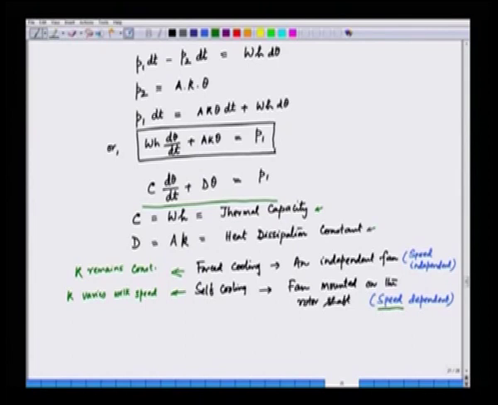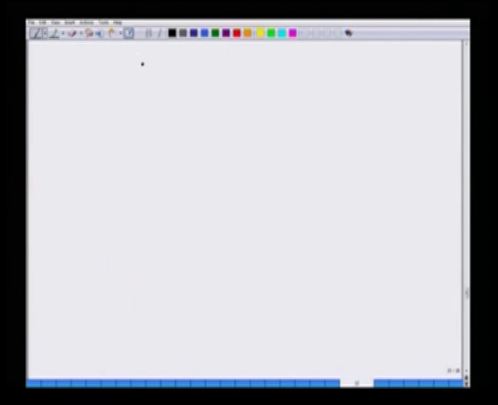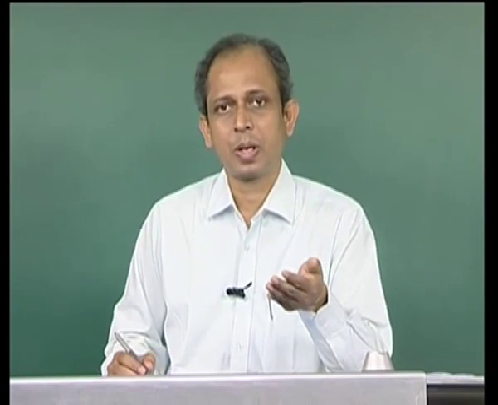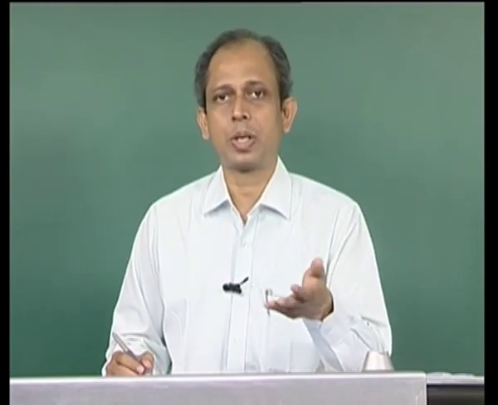Now, when you have a first order differential equation, we can solve this equation. This solution is not very difficult. We have C d theta by dt plus D theta is equal to P1, where P1 is the loss occurring inside the machine, and for a given load it is constant.